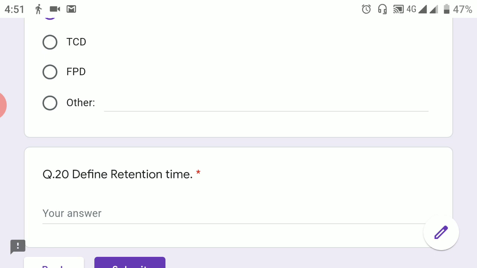It is the time taken for the solute to pass through the column, or we can also define it as the time from the injection to the detection, or you can define it as the time interval from the start of the chromatogram to the peak maxima. These are some of the definitions. So it is simply the time required for a solute molecule to pass through the column.